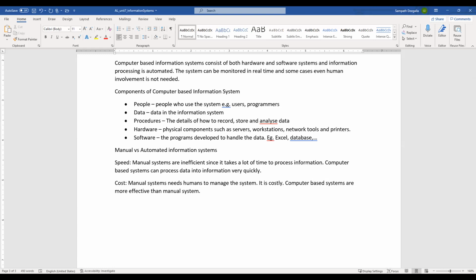So with that one, we can finish the discussion of manual systems and automated systems. Now, the next thing that we need to discuss: there are different types of systems available, right? We are going to briefly talk about what those systems are.